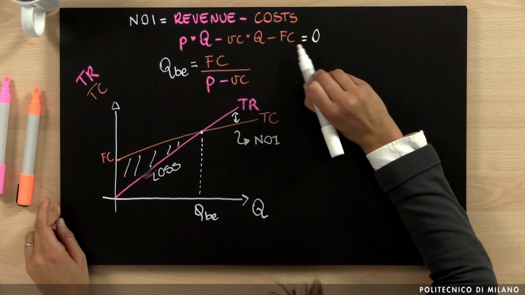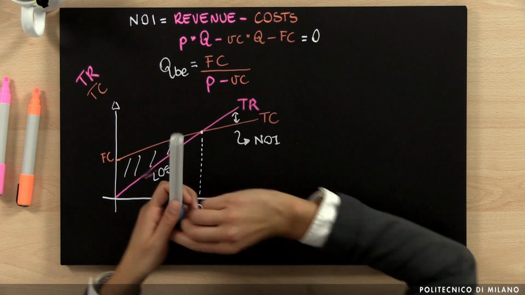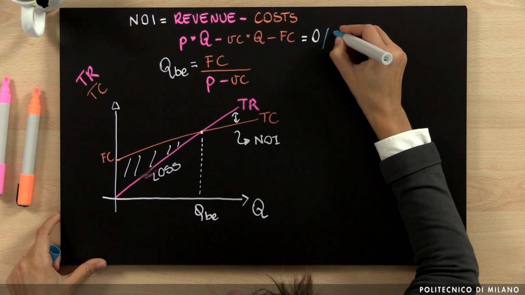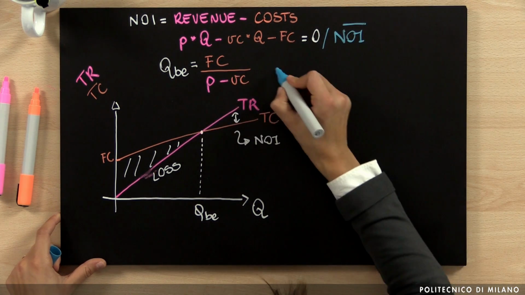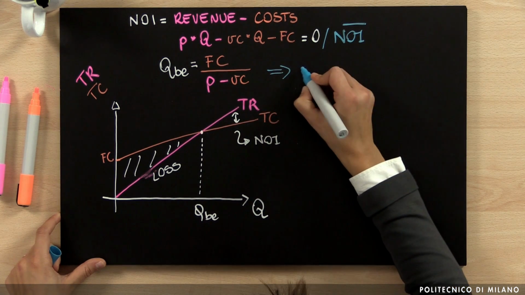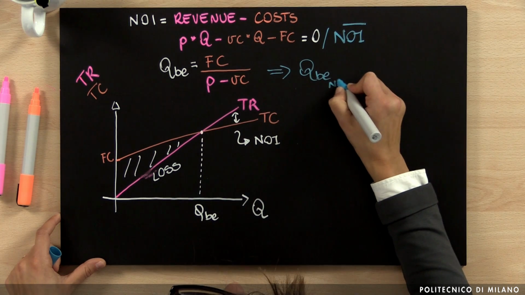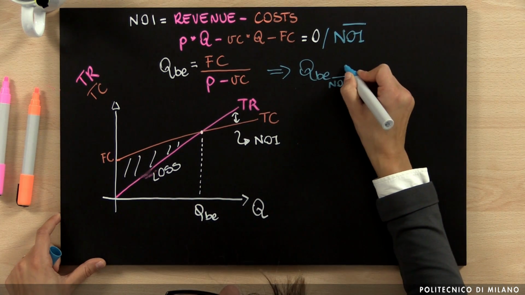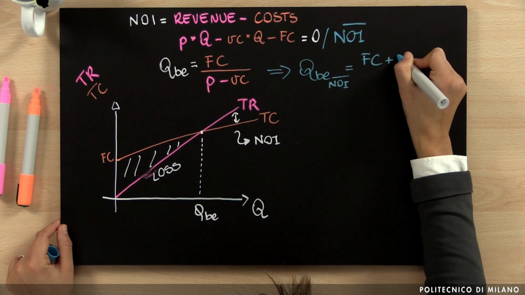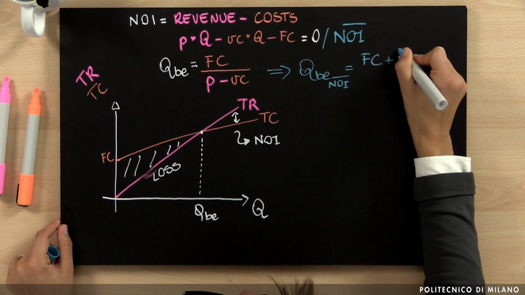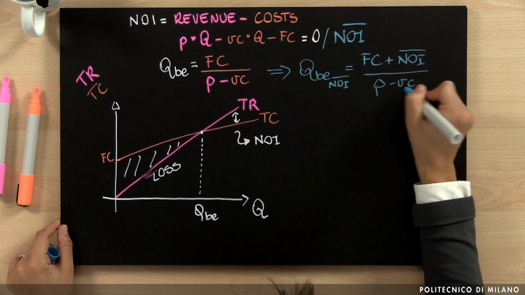If instead of setting this formula equal to 0, we set it equal to a certain net operating income, which is our target, the quantity to break even in order to achieve a certain net operating income will be equal to the fixed cost plus our target net operating income, divided by the price minus the variable cost.